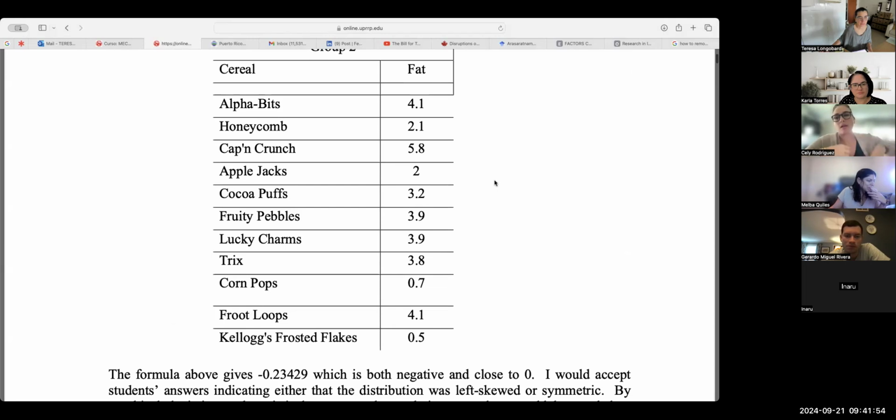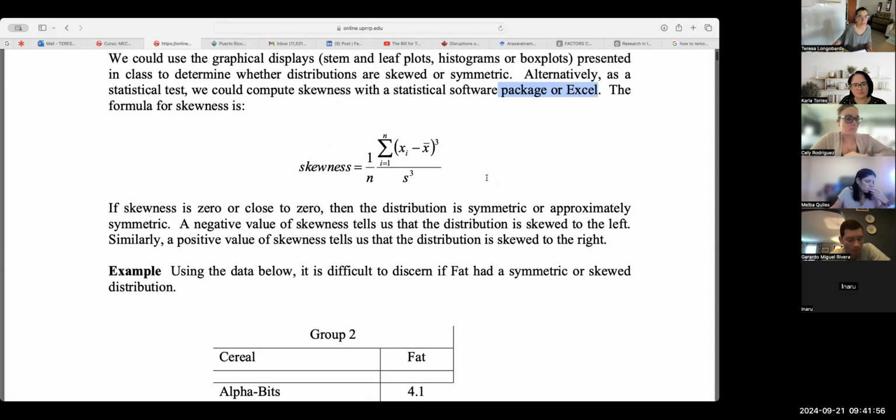And so you can make a table again. This is like an average. Remember we talked about seeing a sigma sign and an N on the bottom. It's kind of like an average, but you're not squaring, you're cubing, and then you're dividing by S cubed. Whatever this comes from, I'm not going to test you on this.